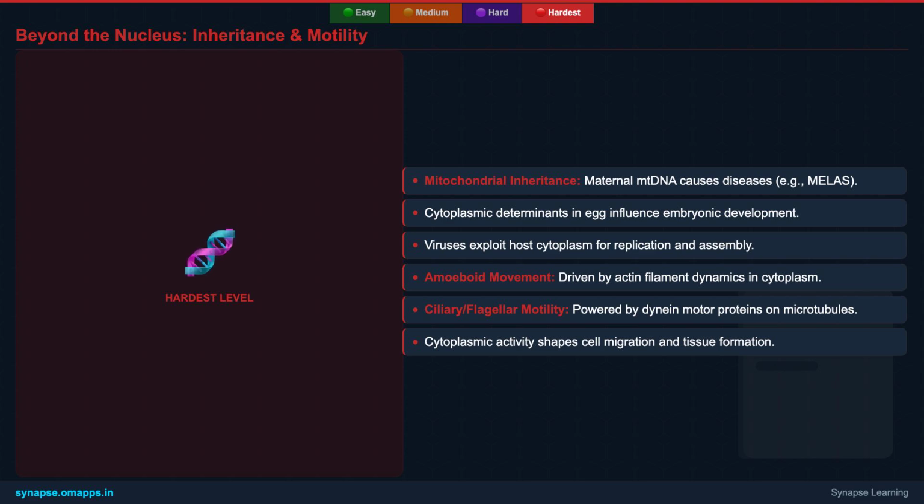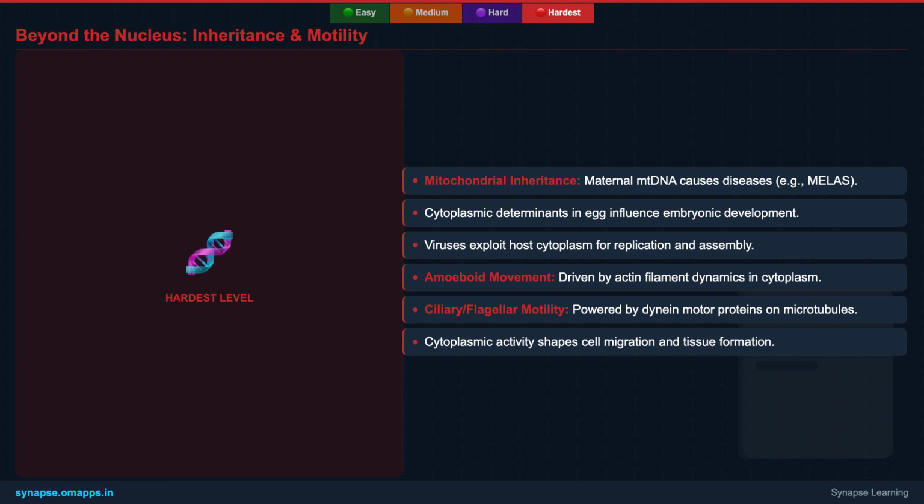Furthermore, cytoplasmic determinants in egg cells play a crucial role in early embryonic development and cell differentiation. Many viruses exploit the host cytoplasm for their replication, hijacking cellular machinery for protein synthesis and assembly, leading to diverse diseases. The cytoplasm's dynamic nature is also central to cell motility.